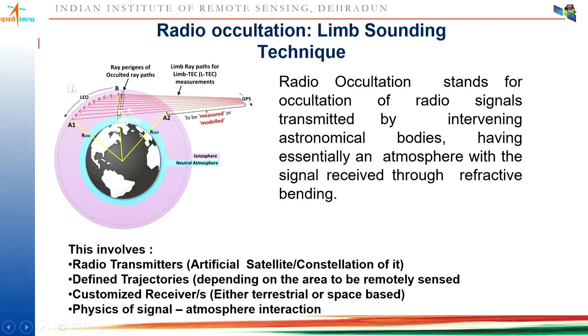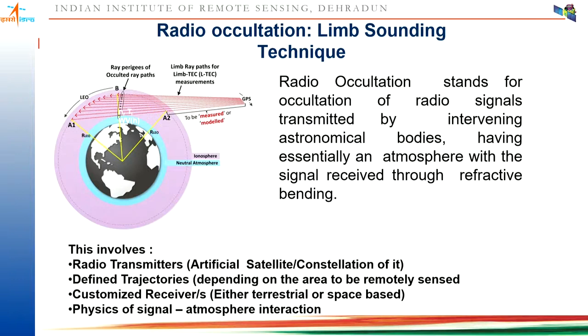Now when the signal comes into the ionosphere or down into the neutral atmosphere, the signal bends. It will not be received in a straight way; some bending will be there. So occultation will come, and after some time the satellite will be on the other side and may not be directly visible to the GPS satellite, but through the bending, it will be receiving the signals through a bend.